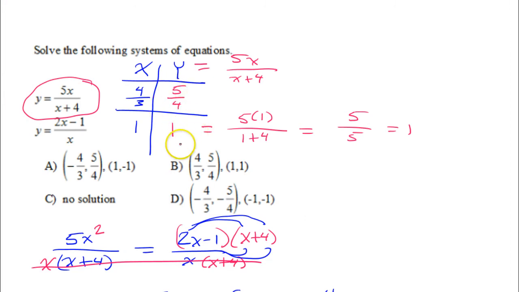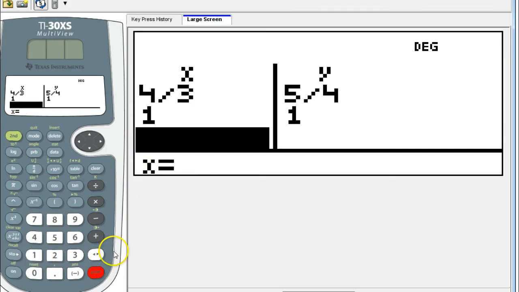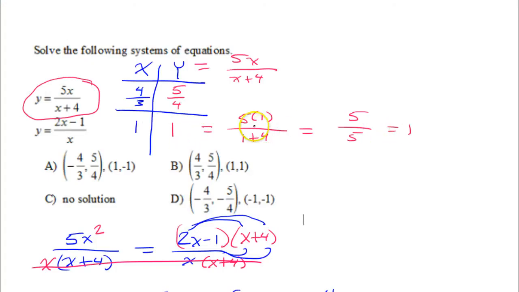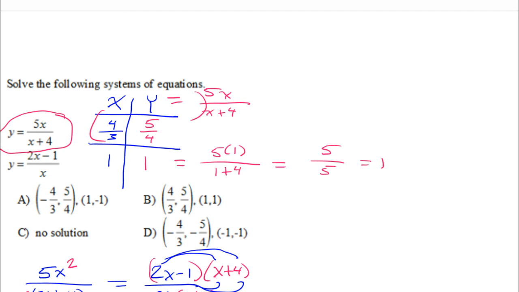So there you go. And while I'm here, let's see what if I put in 1. And there's the same 1 comma 1 that we got by doing it by hand. So these are the points that we need. And that seems to match option B. 4/3, comma 5/4, and 1 comma 1.